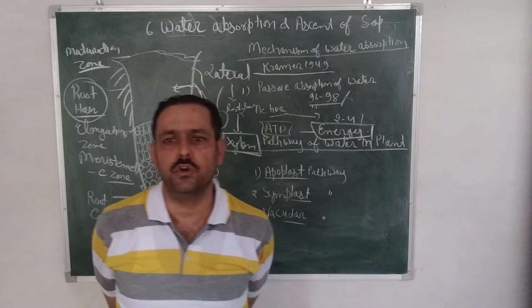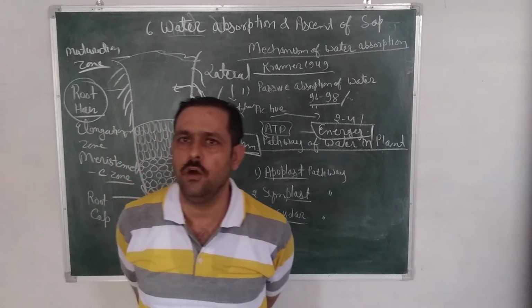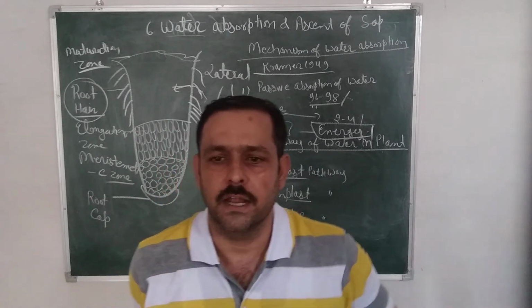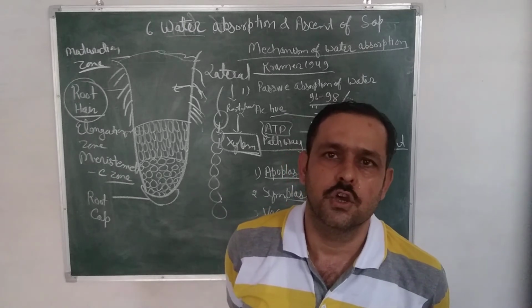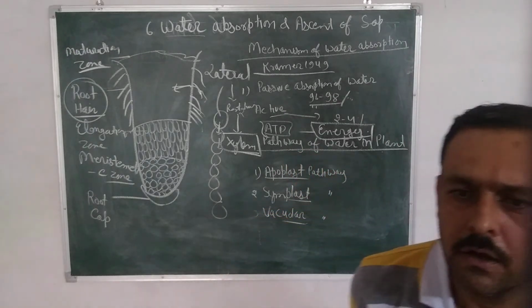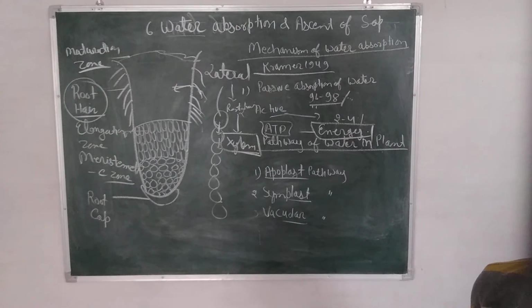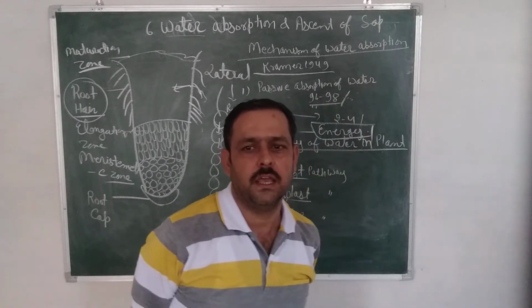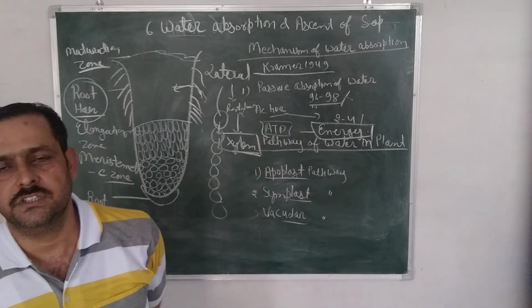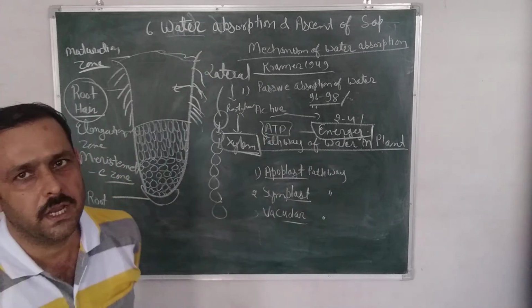Casparian strips are found in the cell walls of the endodermis. Casparian strips contain suberin. Suberin is impermeable to water, therefore the flow of water by this pathway cannot pass through the endodermis. The flow of water through endodermis cells is done by their cell membrane. This pathway of water is called the transmembrane pathway.